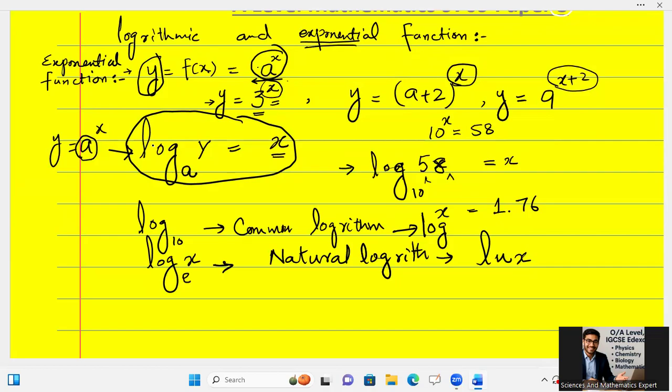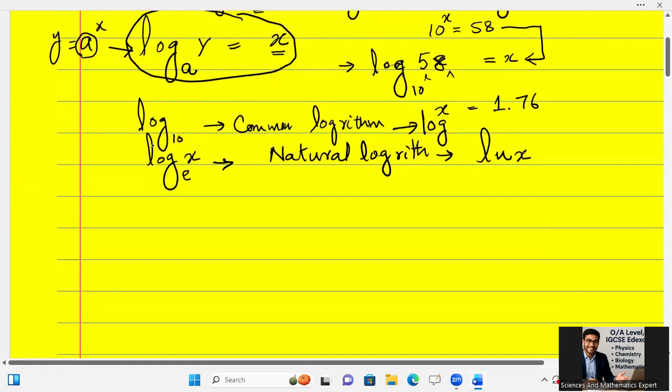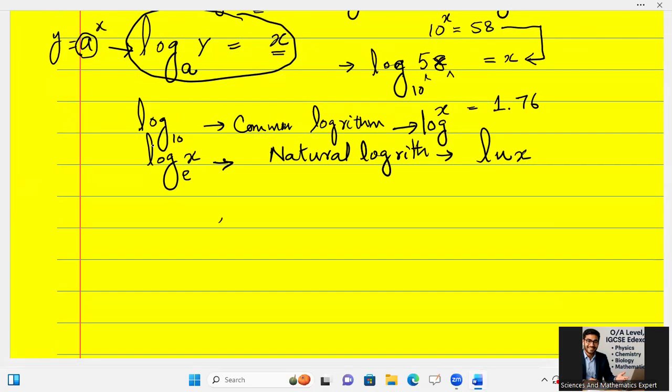Now I have converted the exponential function to a logarithmic function. If he has given a logarithmic function and says solve it in exponential form to find the exact value, let's suppose he says log of x to the base 10 is equal to 1.88. The logarithmic expression is given, and now he says calculate this using exponential format.